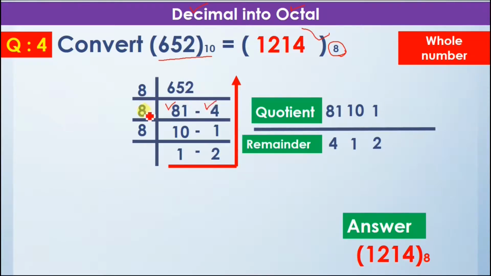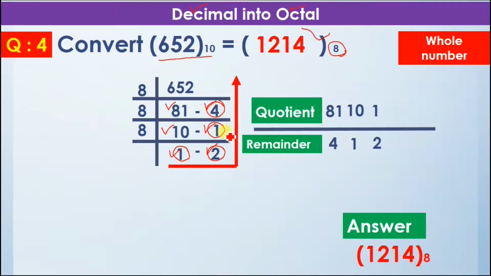Again 81 is divided by 8, so quotient is equal to 10, remainder is equal to 1. Again 10 is divided by 8, so quotient is equal to 1 and remainder is equal to 2. And again we will calculate the answer by moving like this from the bottom till the top. So the answer is 1214 in octal.